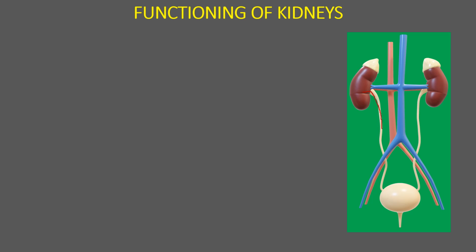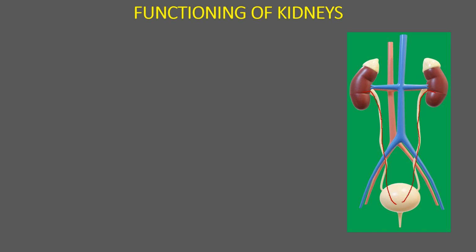Through the ureters, the urine moves down and is stored in a bag-like structure called the urinary bladder.